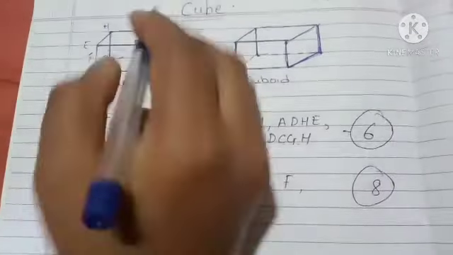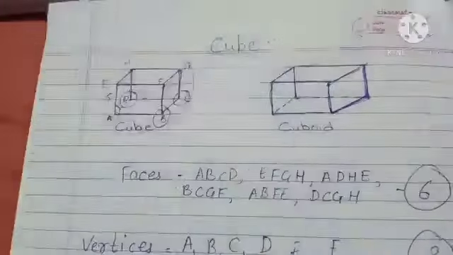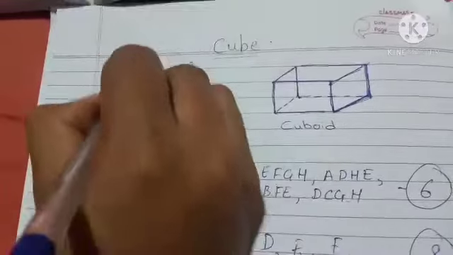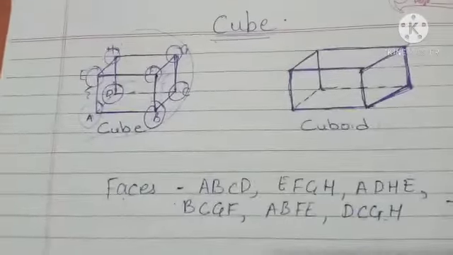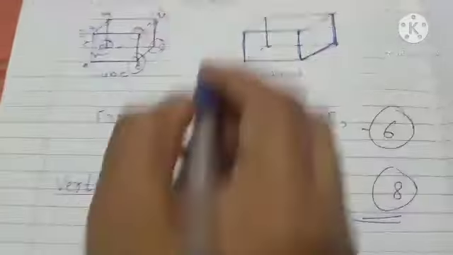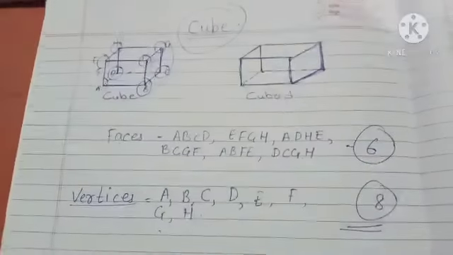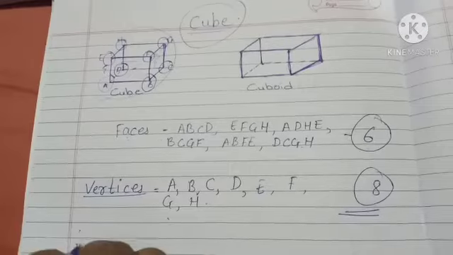So A is the vertex, B, C, D, then E, F, G, and H. So we have 8 vertices for cube. Understood? Yes. And the last is edges.